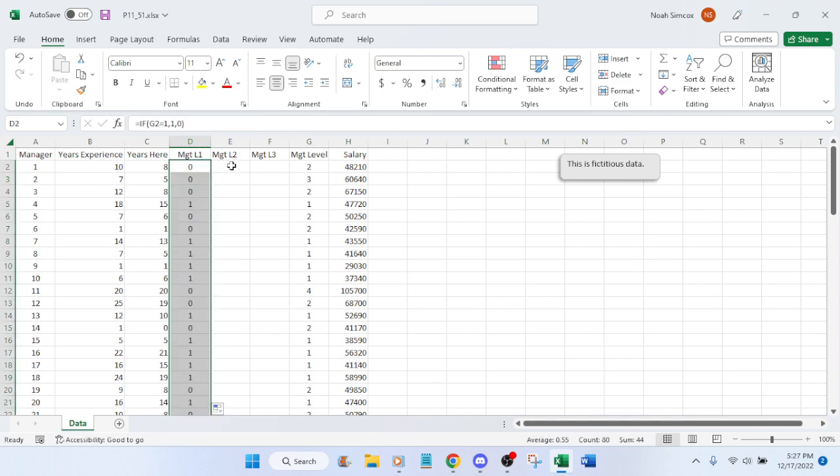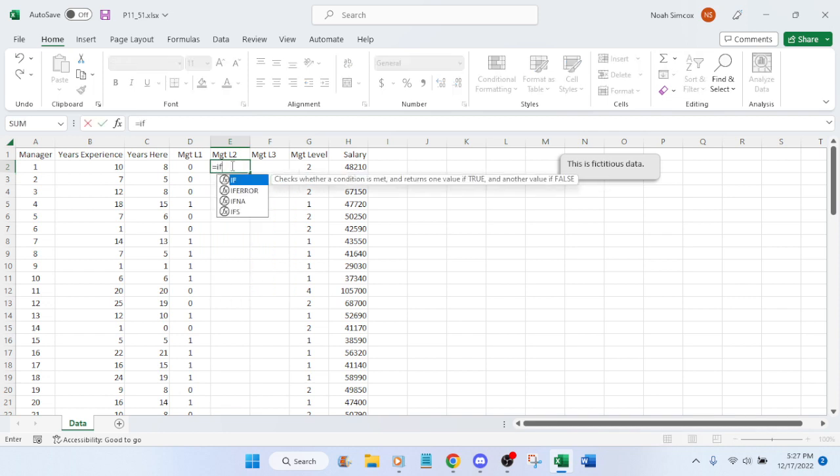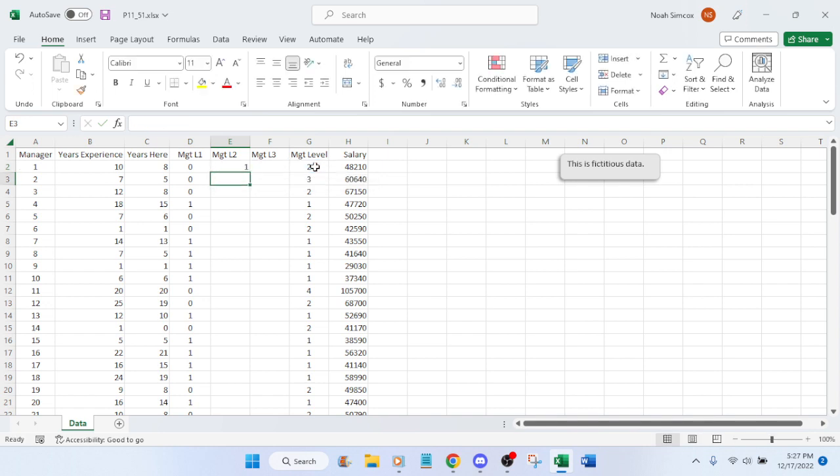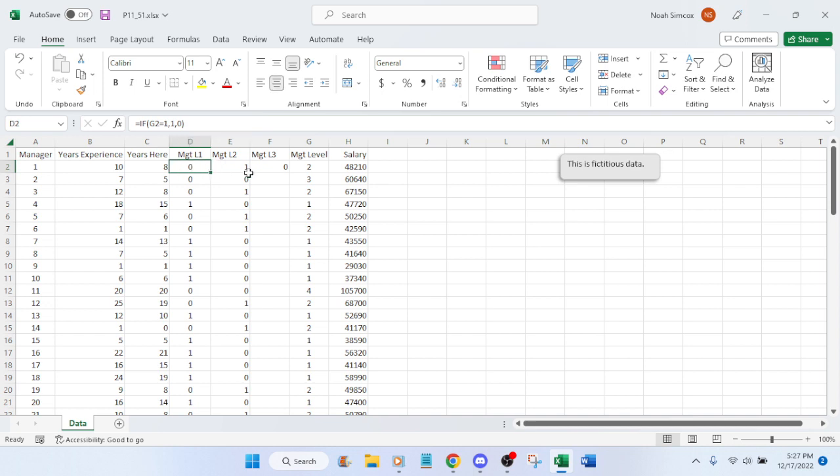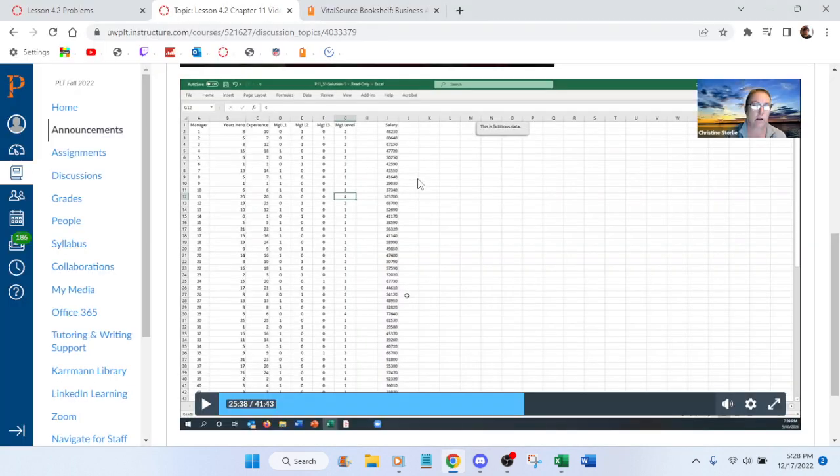If this equals 2, comma 1, comma 0. If this equals 3, comma 1, comma 0. Right? 2, 1, 2, 3. And that is not hard. Okay, stop. So, that should be it for dealing with that.